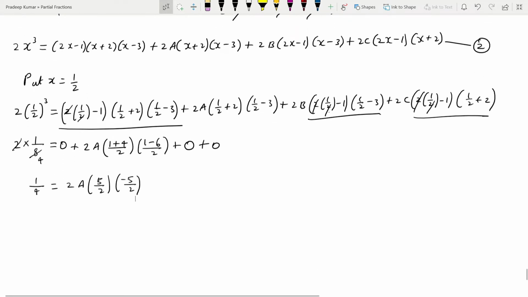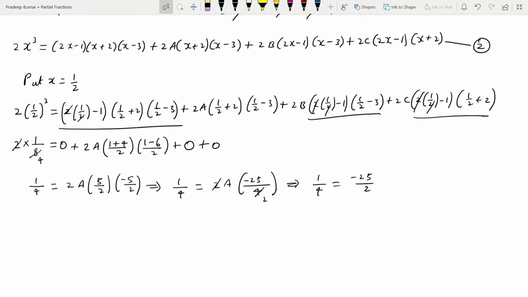So let's solve this. 1 by 4 is equal to 2a, this is 5 into minus 5, which is minus 25, by 2 into 2, which is 4. Now we can cancel the 2 ones are 2, 2 twos are 4, so we remain with 1 by 4 equal to minus 25 by 2 into a.